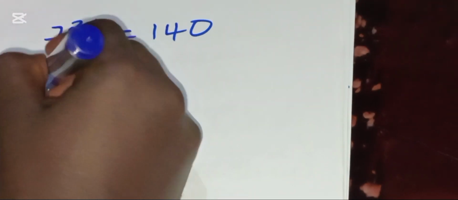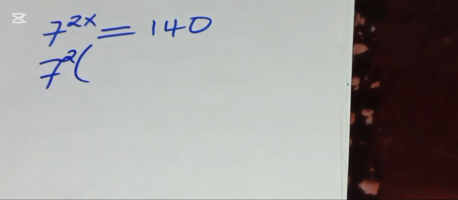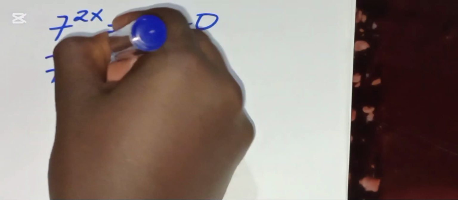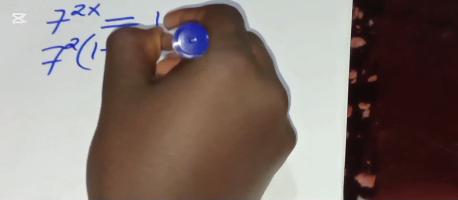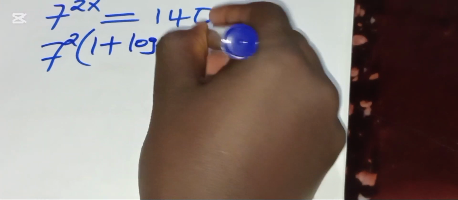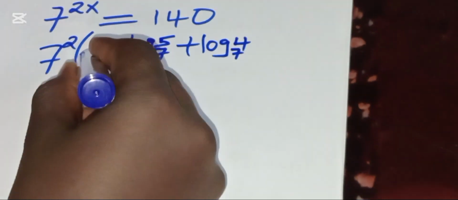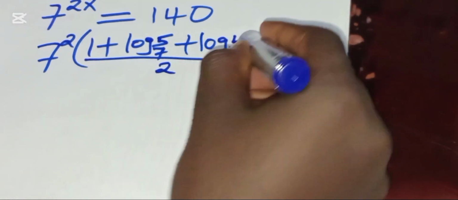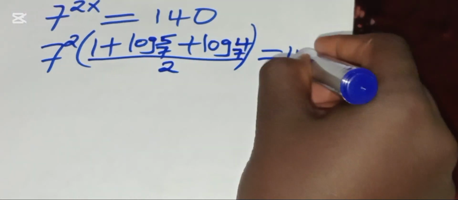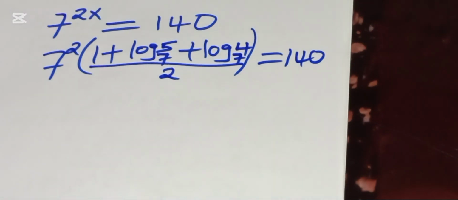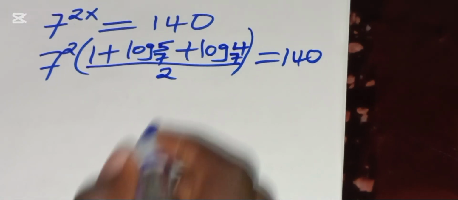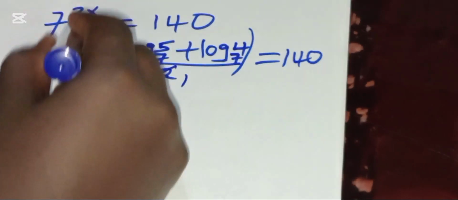So this is 7 raised to the power 2, substitute the value of x, which is 1 plus log 5 to base 7 plus log 4 to base 7, divide everything by 2. This is supposed to give us a value of 140. So let's simplify this by 2, 1 by 2, 1.